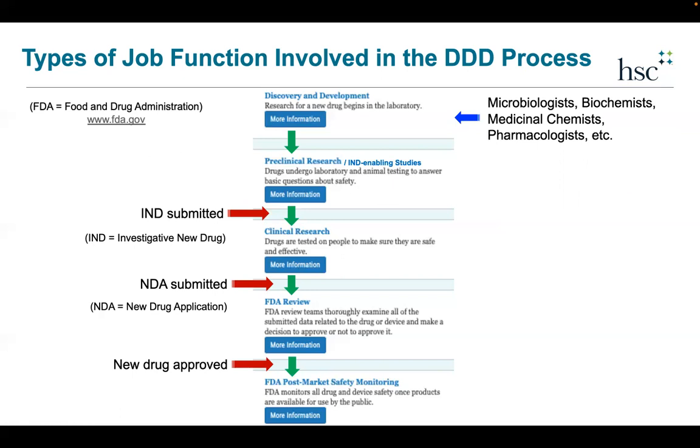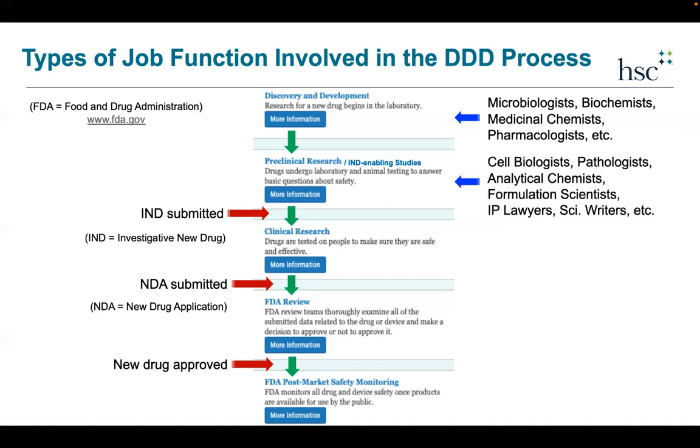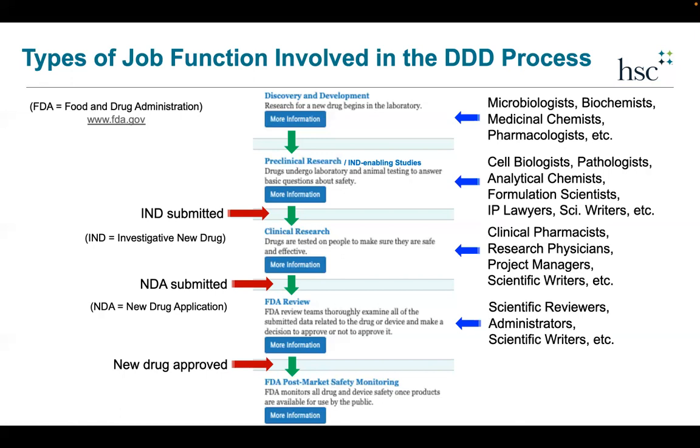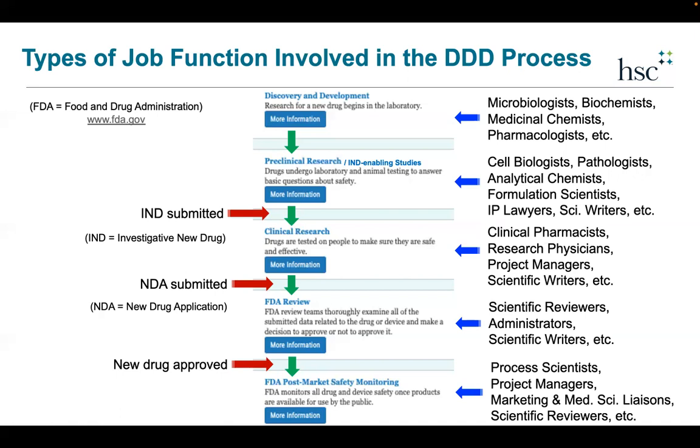For example, research scientists of various natures are typically required for the preclinical research, and clinicians, physicians, are required for clinical research, and scientific writers, reviewers, and administrators are required for review and approval, and process scientists and project managers are required for mass production, and medical science liaisons are required for marketing the new medication to clinics.